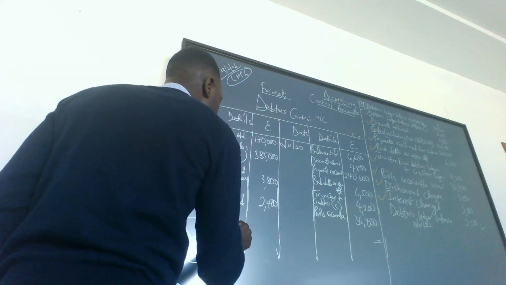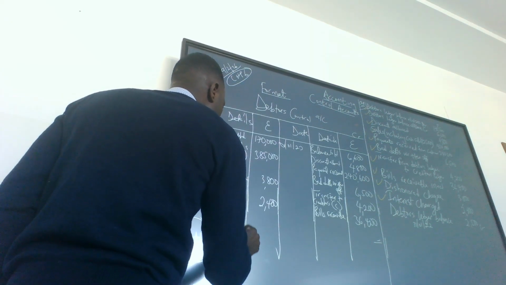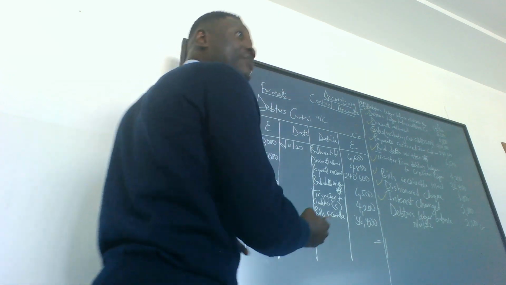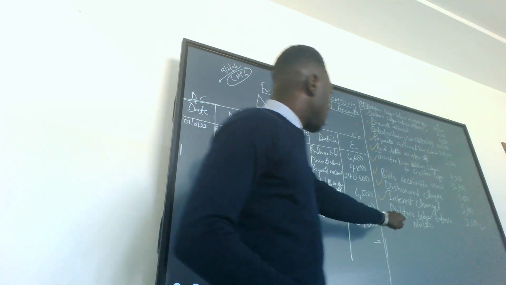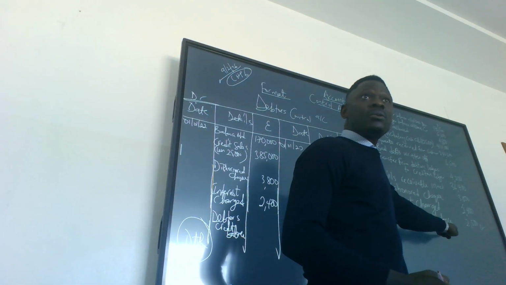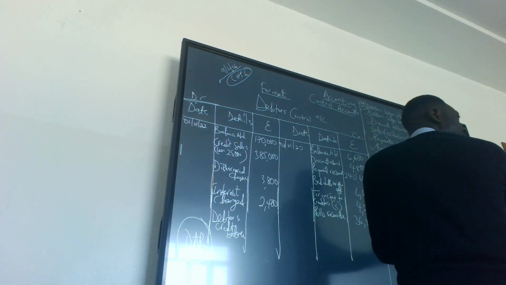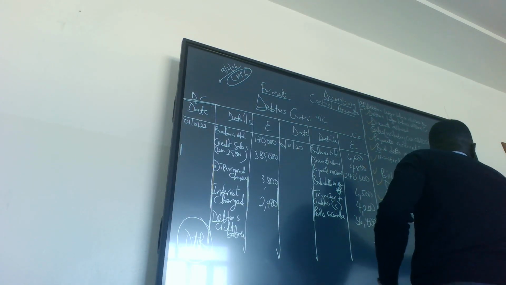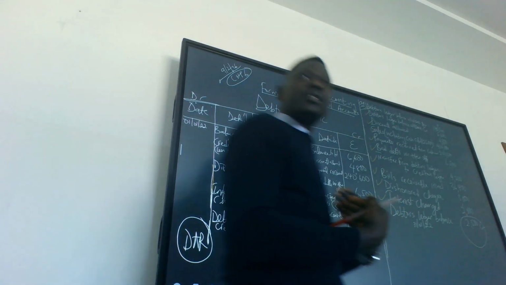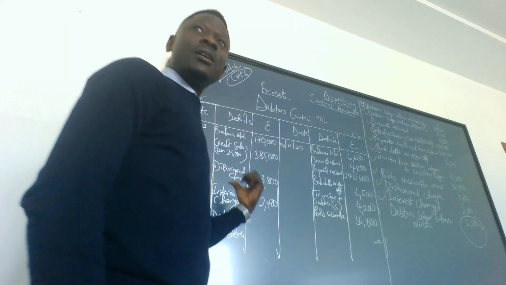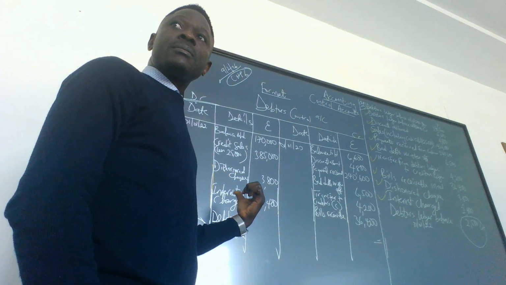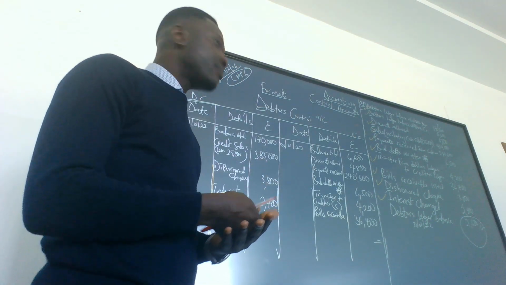This is what is left that they are owing you. These are your debtors. This is what they are owing you. So whatever they are owing you becomes yours, so you add it up to your debtors control account. Do you get it or not?